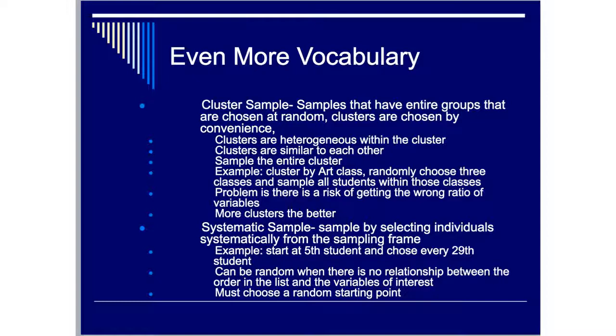So if we got 1, that means we're going to start with the first person we see. Okay, the first person we see gets asked our question, and then our interval is 5, so then I'm going to ask every 5th person after that. So the systematic survey is like a practical way to do surveys when you can't get a list of the whole population. Okay.